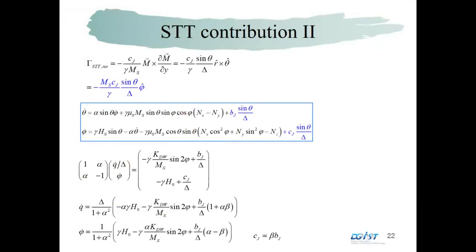And now we have to find the non-adiabatic torque. The non-adiabatic torque is just m cross ∂m/∂y, and we already found this one is zeta hat, this one is proportional to r hat.